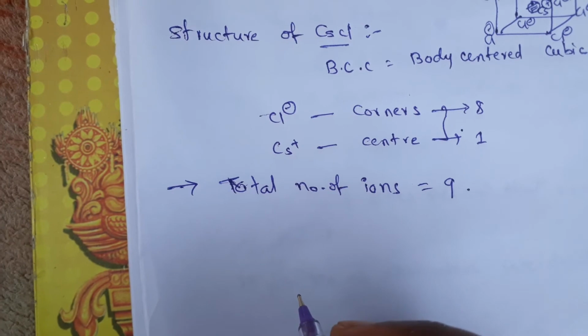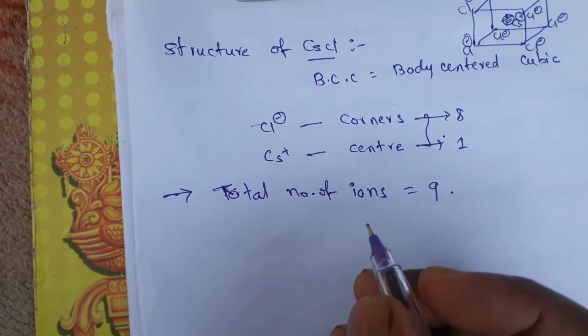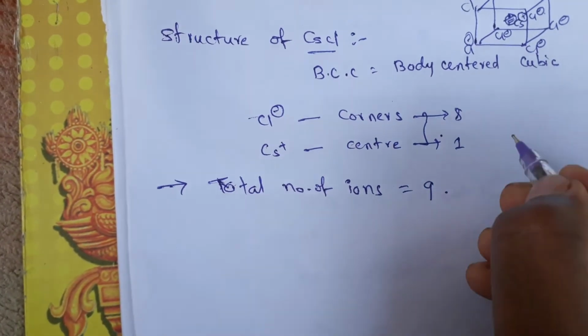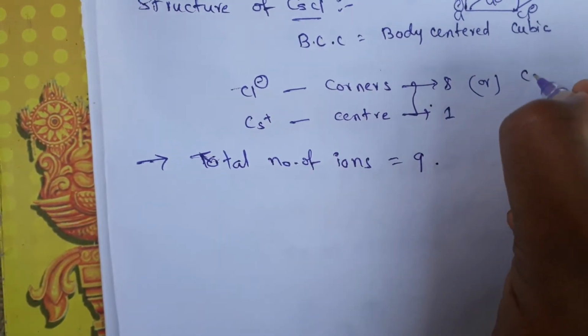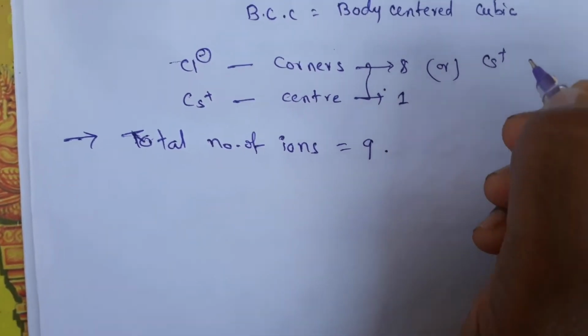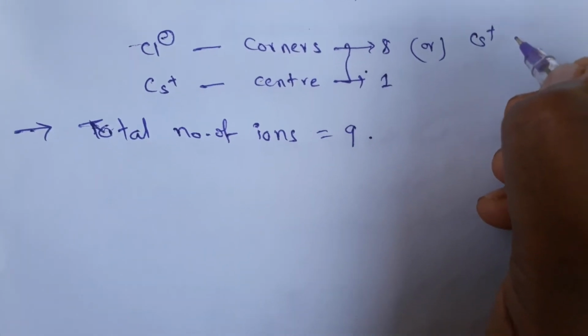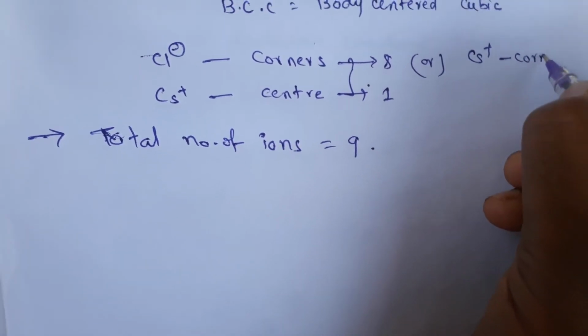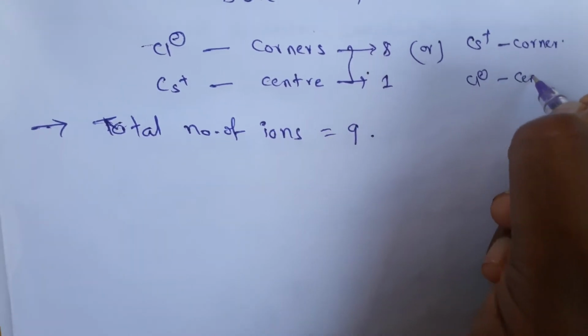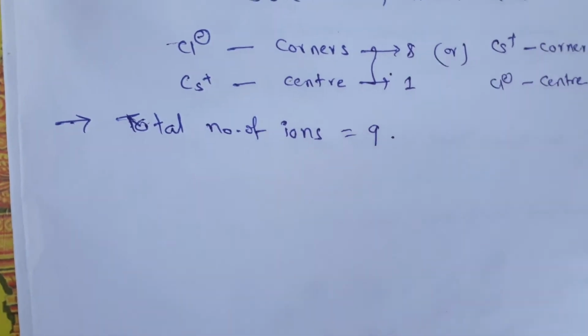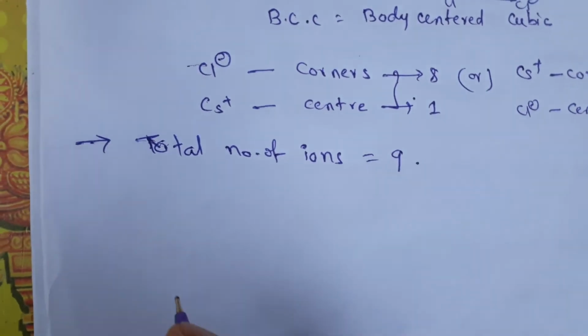So 1 is Cs plus and 8 is Cl minus, or vice versa. This can also happen due to the similar size of the cation and anion. Cs plus may occupy the corner, and Cl minus ions occupy the center.